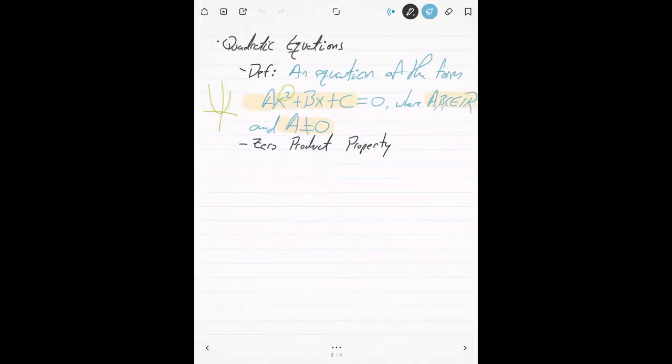Let's jump back a page and let's actually go ahead and define what this property is saying. We're going to start by saying, let A and B be two real numbers. So just pick any two numbers. If A times B equals 0, then either A or B equals 0.